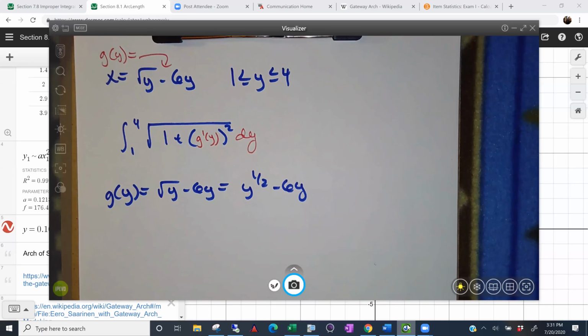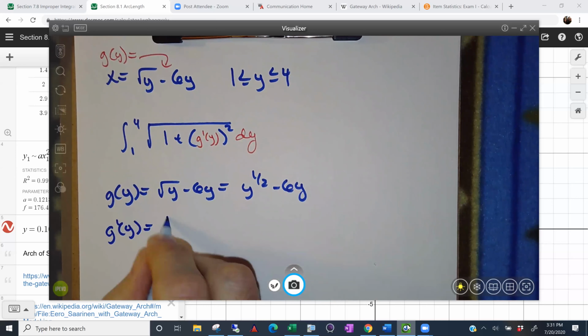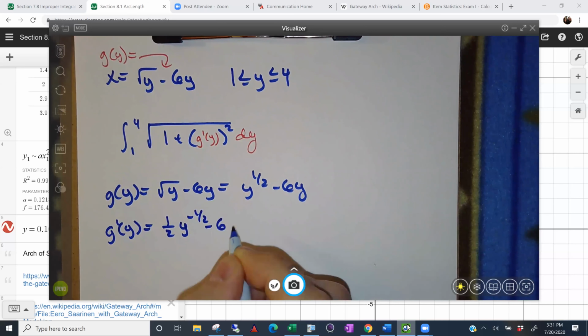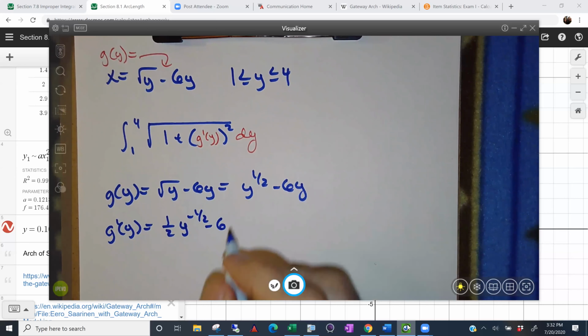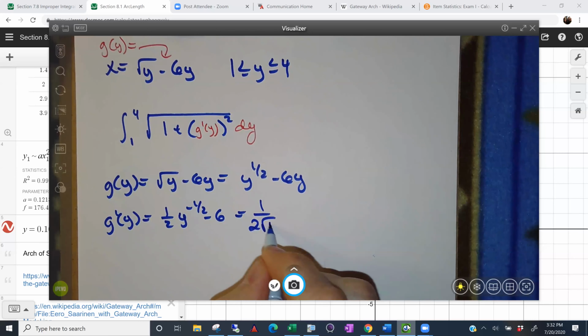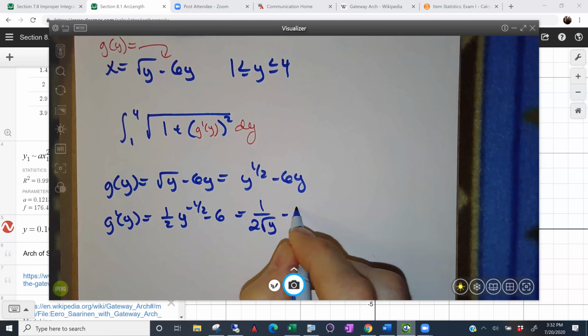Okay. G prime of y is going to be 1/2 of y to the negative 1/2 minus 6. We could also clean that up as 1 over 2 times the square root of y minus 6.